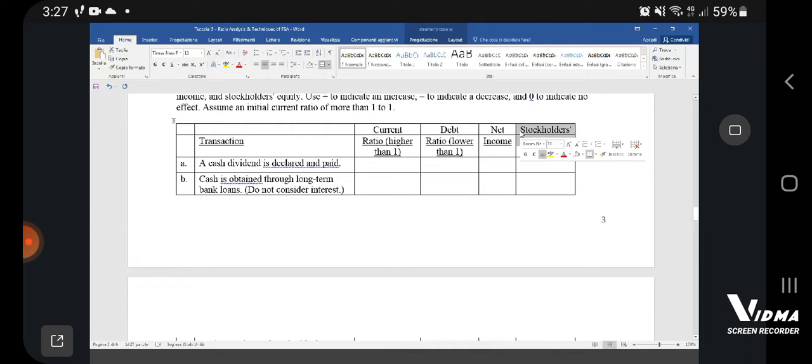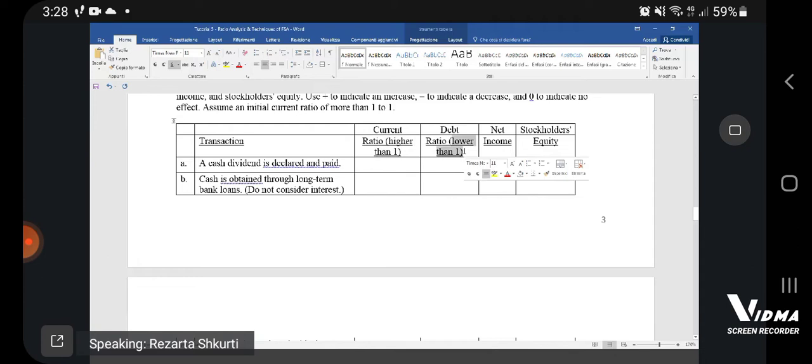So, a cash dividend is both declared and paid. Does that affect the current ratio? Yes. The initial value is higher than 1, whereas the debt ratio is lower than 1. Whenever a certain transaction affects both elements in the ratio, we should remember the rule that we said.